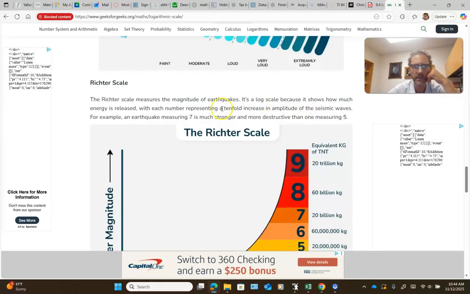But anyway, if you look here, it says a tenfold increase in amplitude.